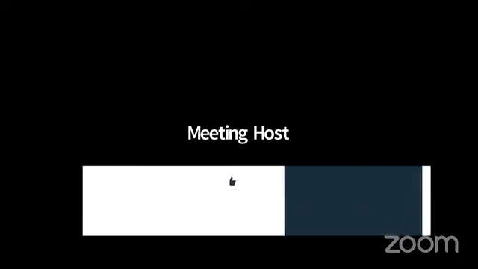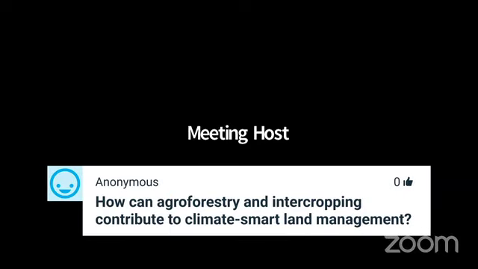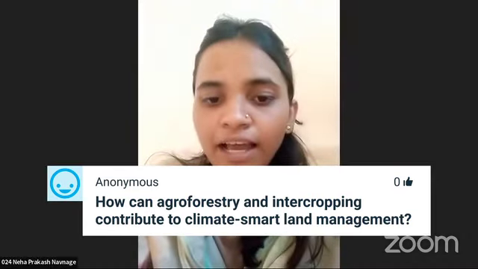Okay. How can agroforestry and intercropping contribute to climate smart land management? Okay, ma'am. When we talk about monocropping systems, what happens? The continuous cultivation of one crop hampers the soil system.